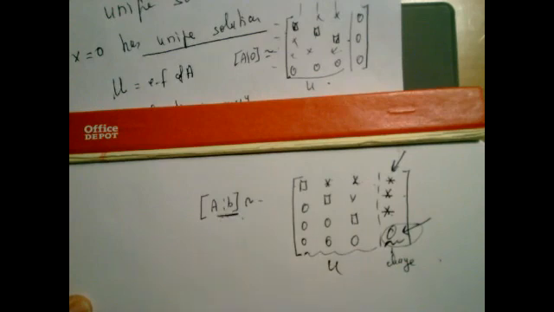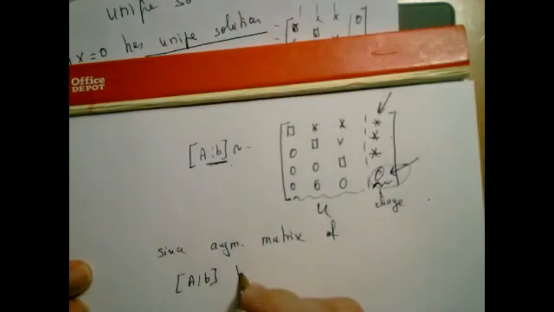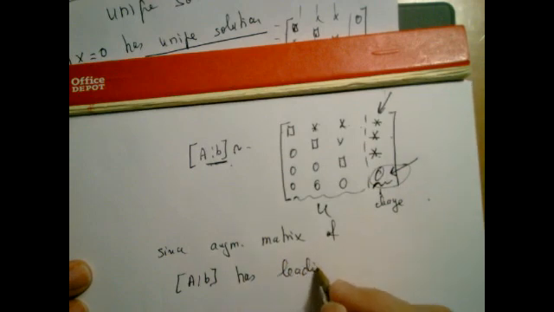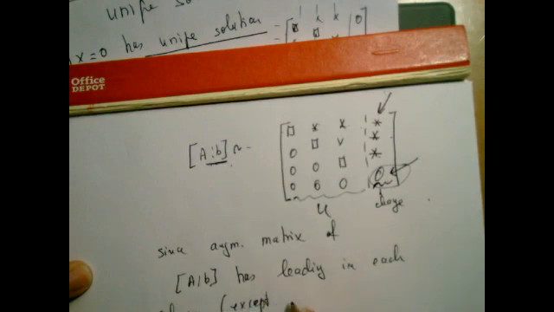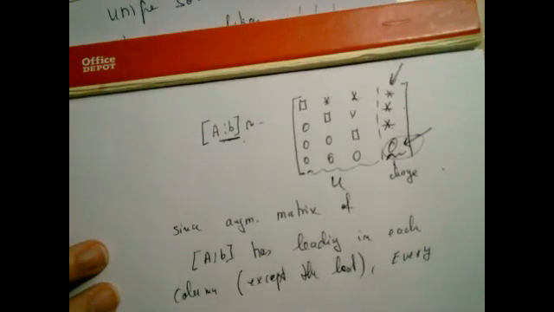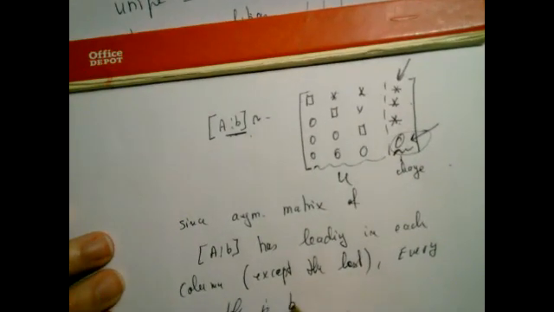So now we can conclude that since the augmented matrix of AB has a leading entry in each column, or basically no free variable in each column except the last one, because we have consistency, every variable is basic.